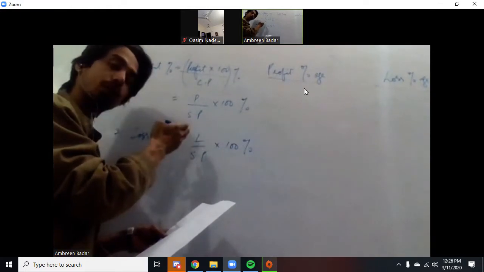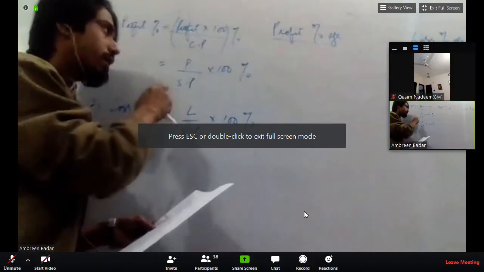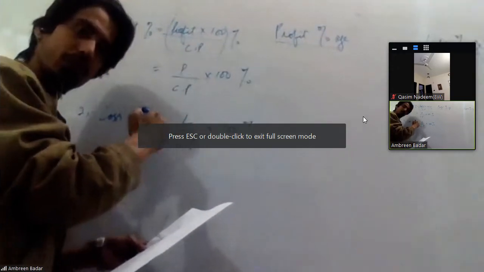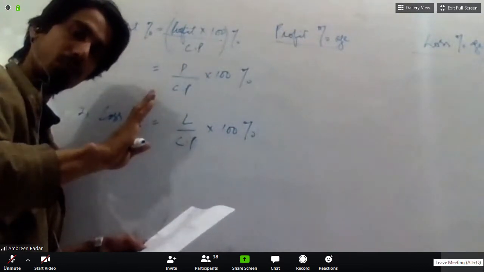And if the question asks to calculate the profit percentage in terms of the cost price, then you have to put the cost price in the denominator, for both cases, whether you are finding the profit percentage or the loss percentage. Hope you have got my point.